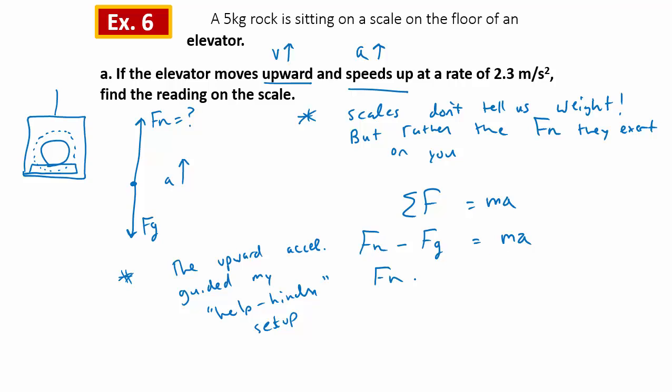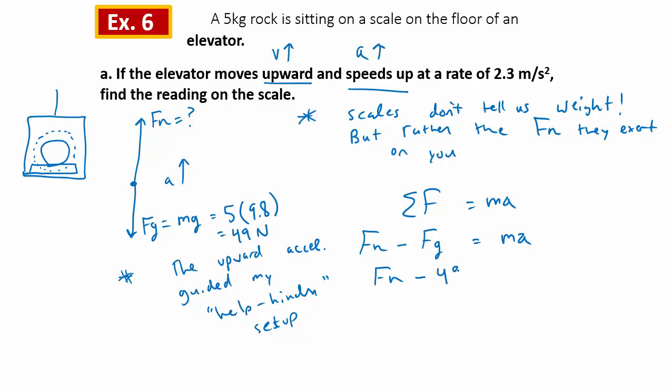So we're trying to find the normal force. The force of gravity is just the mass times the acceleration due to gravity, which is 5 times 9.8, so we're looking at a 49 newton rock. That's the weight of the rock, how much force the Earth is exerting on it.